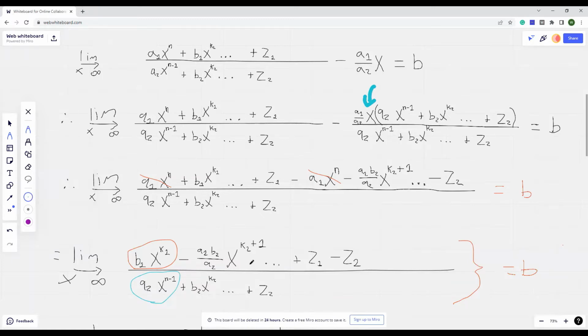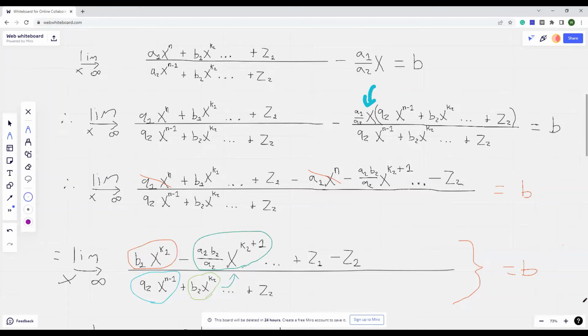And finally, this one right here can dictate the behavior as x approaches infinity, but indirectly, because this term up here, I'm going to put in a different shade of green, is just coming from that term. It's being created by that term in the denominator, right after we simplify everything.